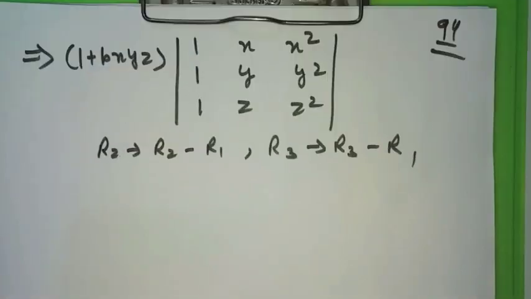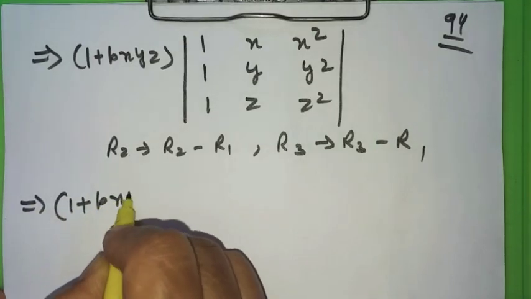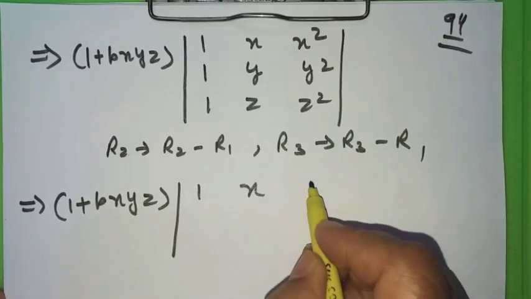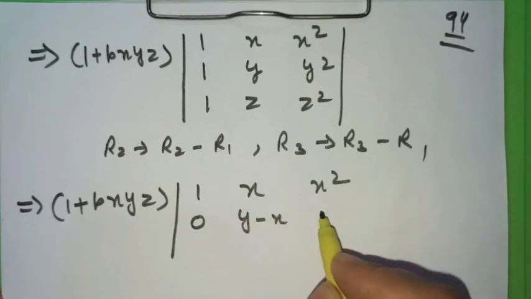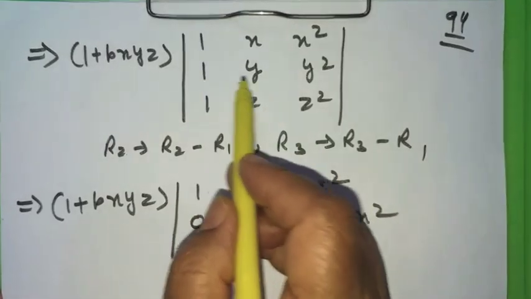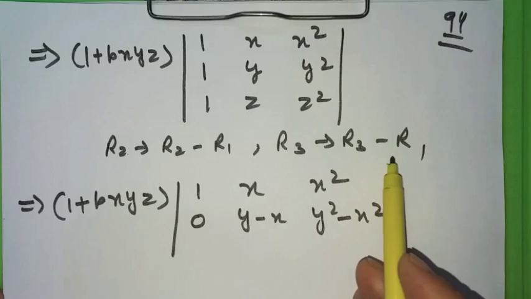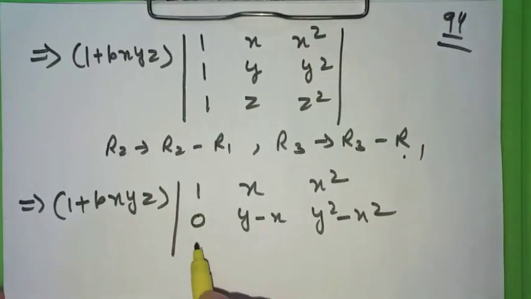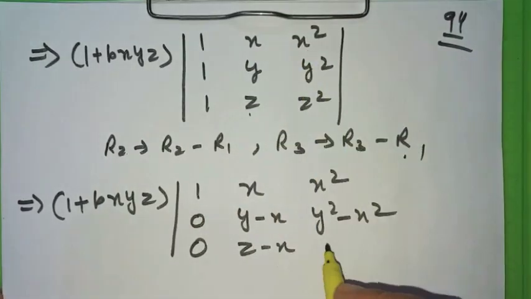So this determinant becomes, and R1 remains what it is, 1, 1, 1 in the first column... R1 is 1, x, x square. From every element of R2 you subtract the respective element of R1, and from every element of R3 you subtract the respective element of R1. So the second row is 0, y minus x, y square minus x square, and the third row is 0, z minus x, z square minus x square.